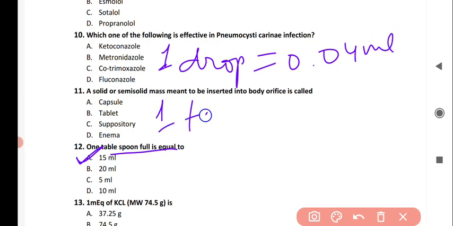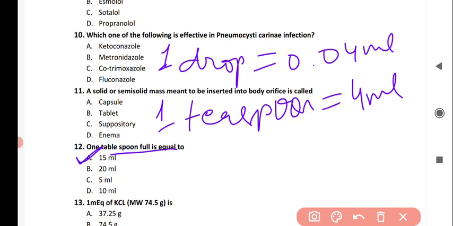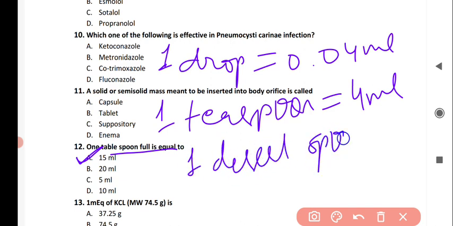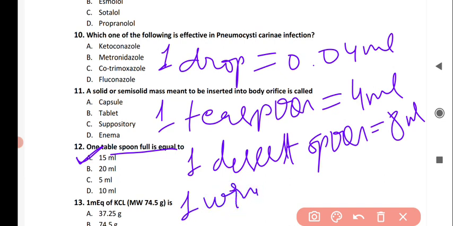Then 1 teaspoonful is equal to 4 ml. Then 1 dessert spoonful is 8 ml. And 1 wine glassful is equal to 60 ml. So these are more important things that you must know.